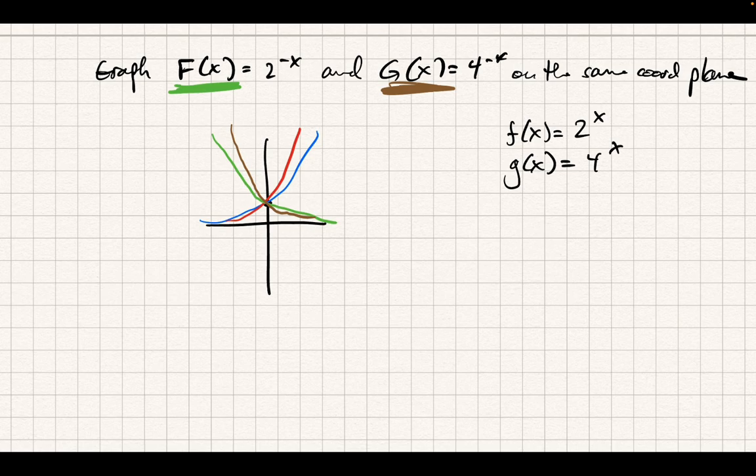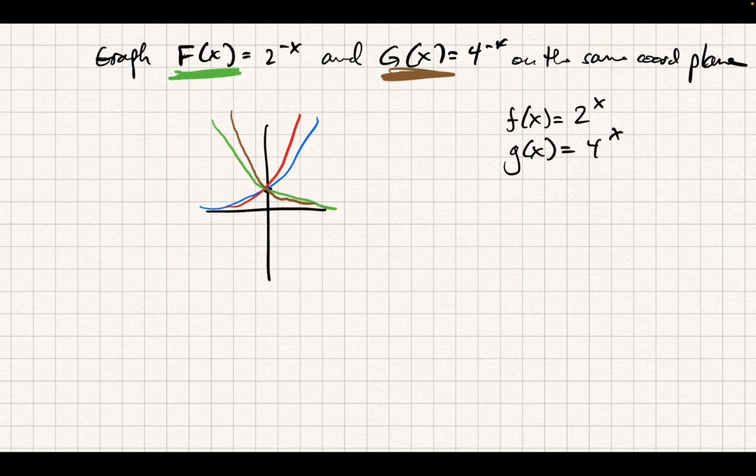So in a rough sort of sense, capital F is the mirror image of f. 2 to the minus x was the mirror of 2 to the x, and 4 to the minus x was the mirror of 4 to the x. All right.